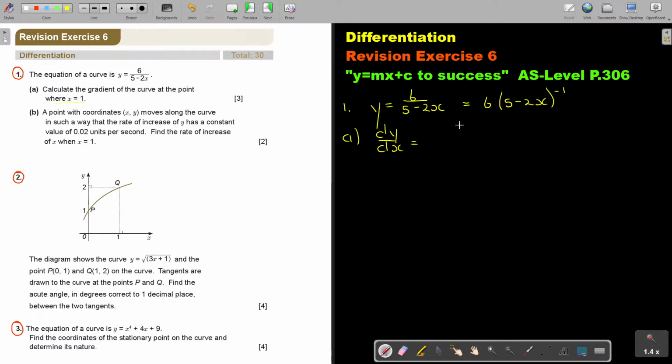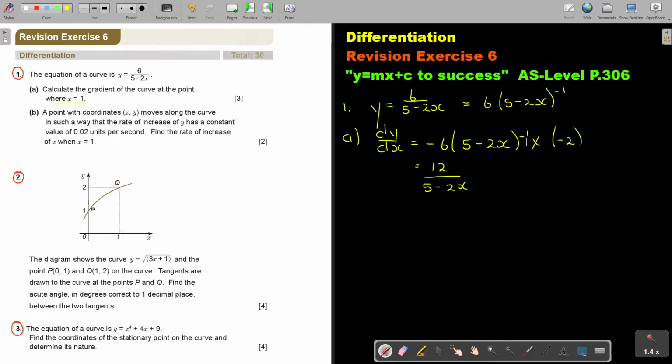So 6 times, it's going to be negative 6. And then I rewrite as it stands there, and I multiply by differentiating the inside. Okay, so that is going to be 12, and if I take it down, 5 minus 2x, and that is going to be my answer.